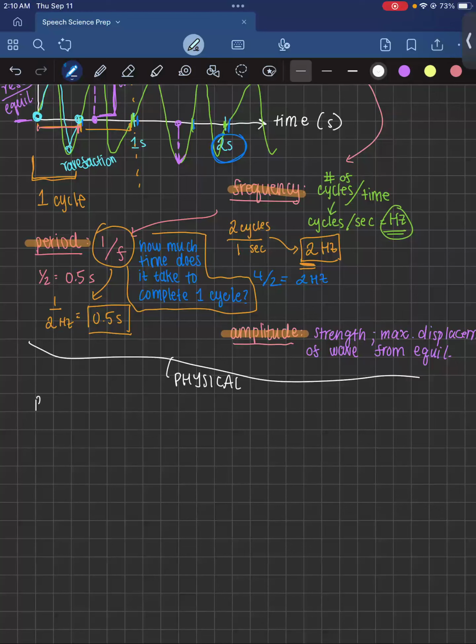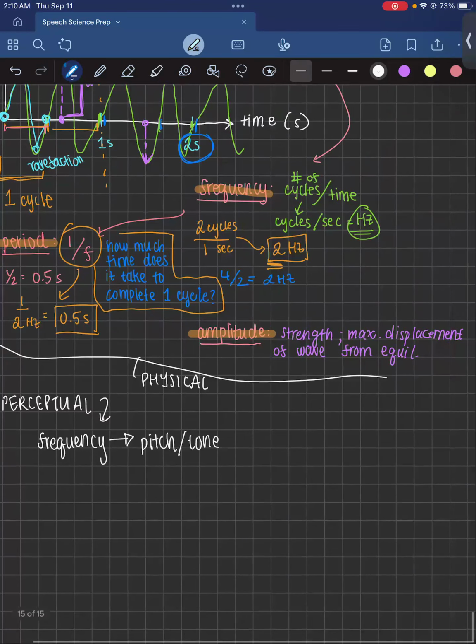But now let's get into the perceptual components of the wave. For example, we have frequency, which is the physical part, but frequency will actually translate to how we perceive pitch or tone.